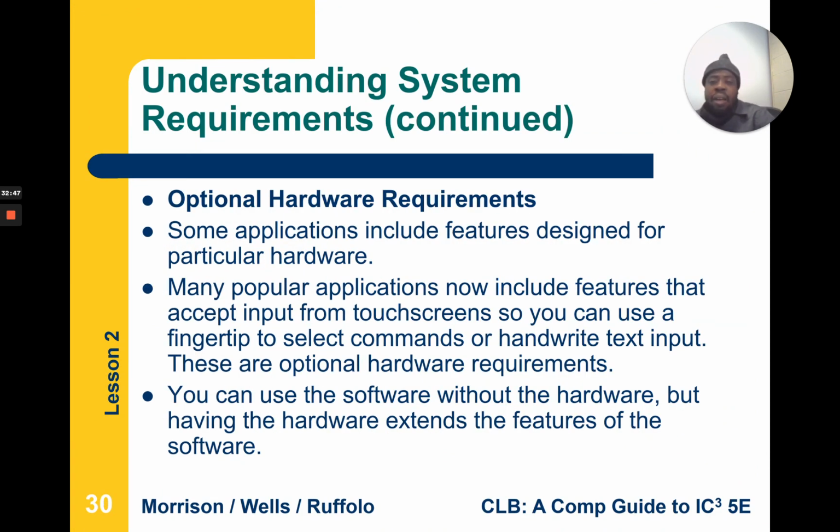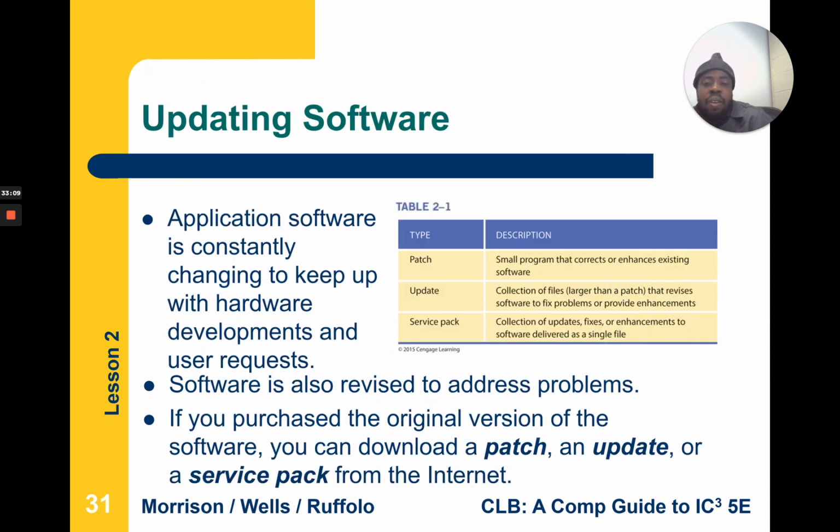So you have hardware requirement. Many hardware now include features. Some applications include features designed for particular hardware. But most popular applications now include features that can accept input from touch screens, fingertip, and many other things.